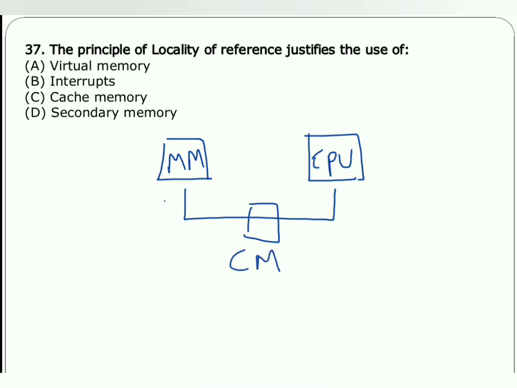In the cache memory we will place the frequently accessed programs, so that there is no need of going and searching in main memory for the frequent executions. The CPU will keep them in the cache memory. Okay. So here the principle of locality of reference means it will store the frequently used programs in the cache memory. So the answer is the cache memory.